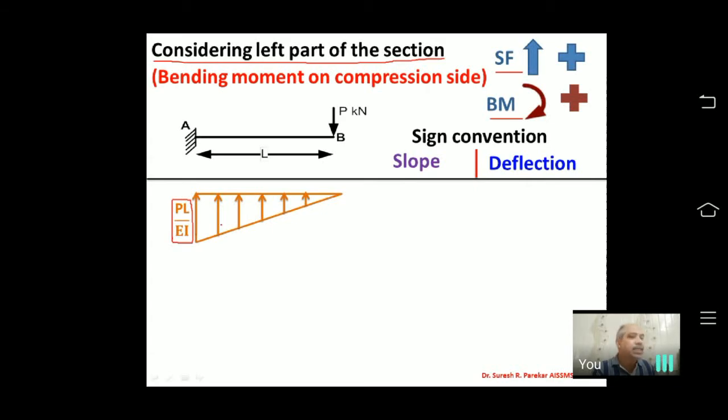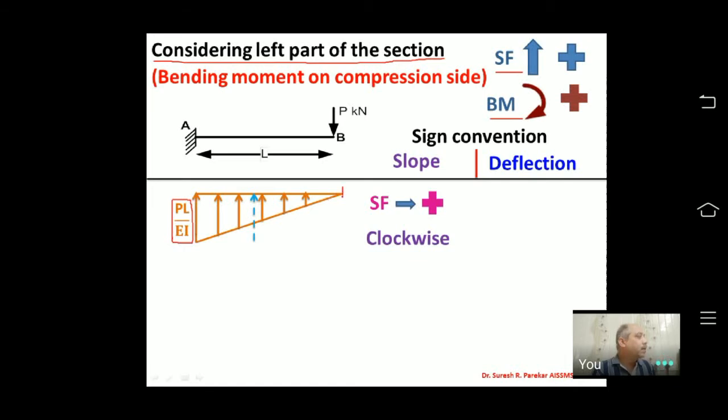Now I have taken this loading upward. If I consider the loading as upward, then you can see my shear force is positive and my slope is clockwise. Shear force is positive. Why? Because it is in the upward direction.